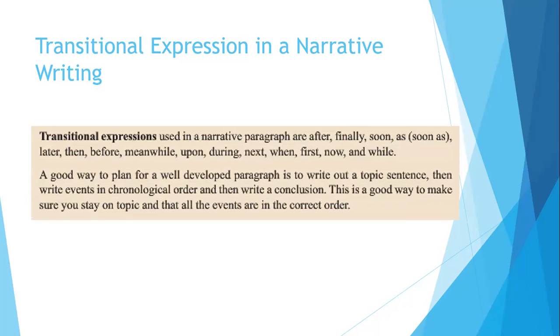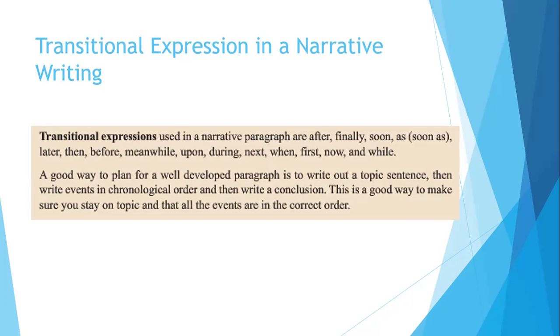Now, as you can see, clearly, these transitional expressions are mostly focused on showing the time and the chronological order. And that's something important in a narrative essay, to show how these events are related and how one thing is caused by the other, the order of the events.